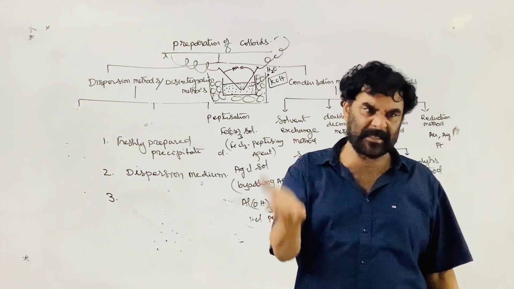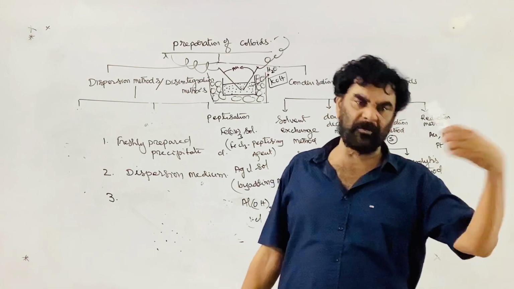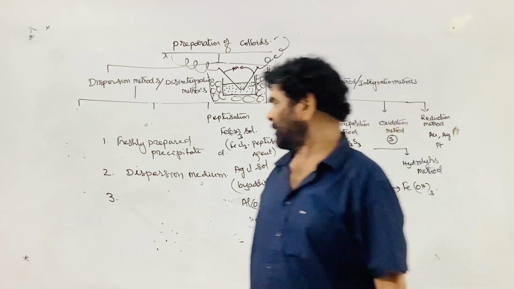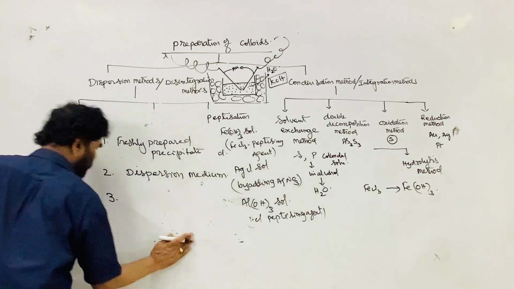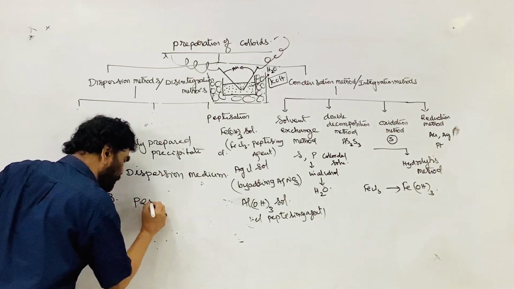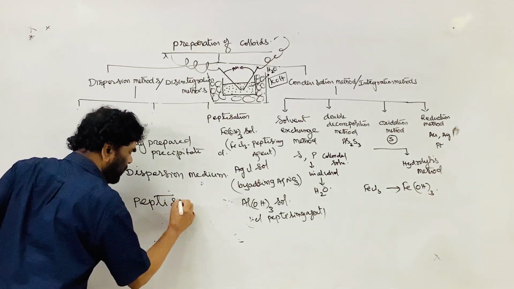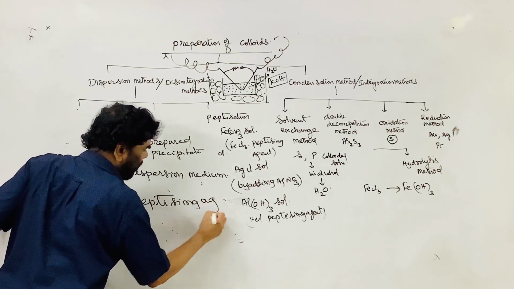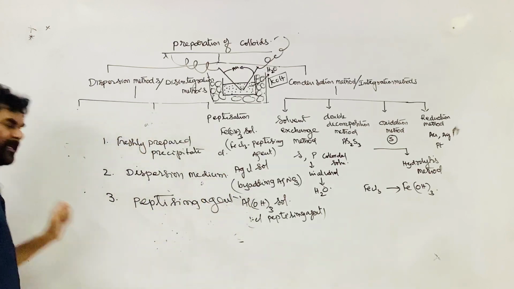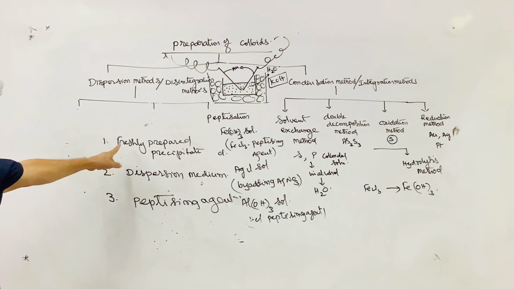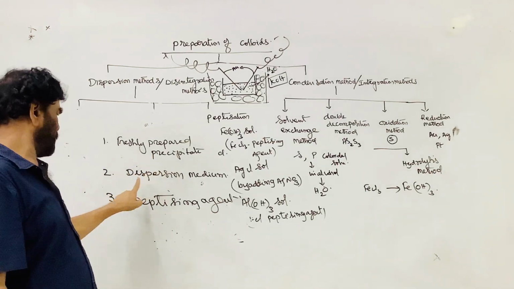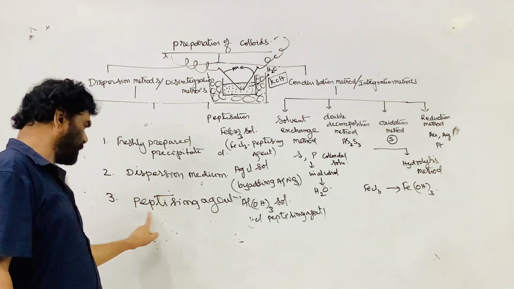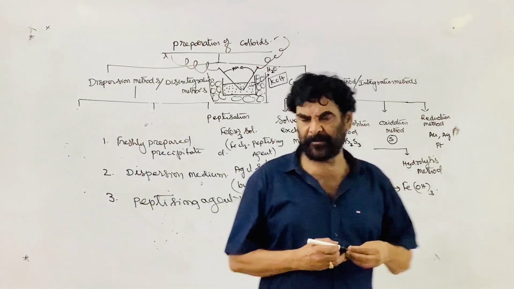The substance in suspension form is being converted into colloidal form. The third requirement is a peptizing agent. So three things are required: a precipitate, a dispersion medium, and a peptizing agent.